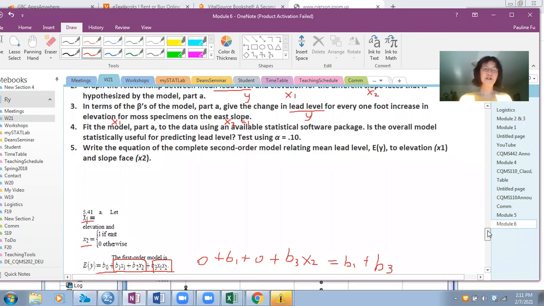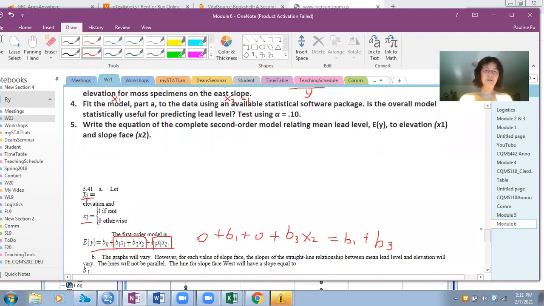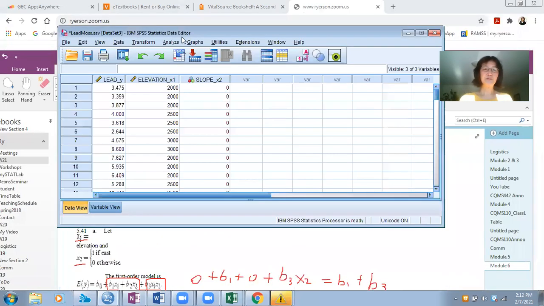Question 4, fit the model for part A. So fit the model. This is the model: B0 plus B1 x1 plus B2 x2 plus B3 x1 times x2. I'm going to use SPSS to fit the model. So this is my data. This is x1, x2. I also need x1 times x2.